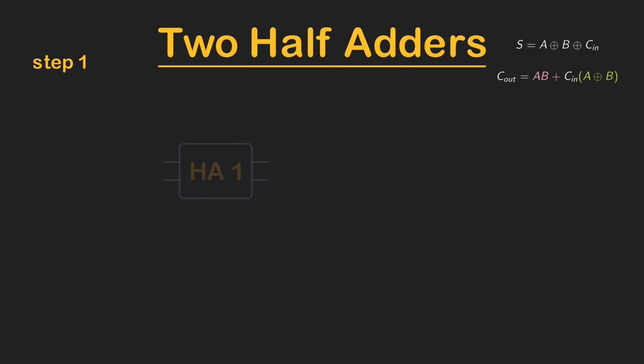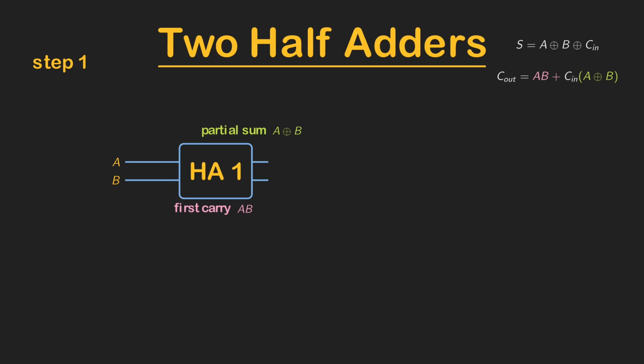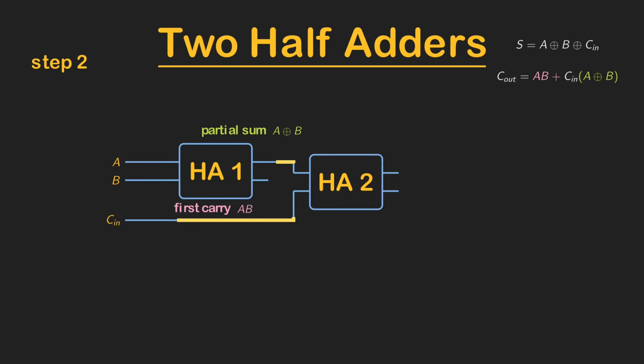Step 1. The first half adder takes A and B. It produces 2 signals, a partial sum A XOR B, and a first carry A and B. Step 2. The second half adder takes that partial sum, together with the carry-in. Its sum output is the partial sum XOR carry-in, which is A XOR B XOR carry-in.